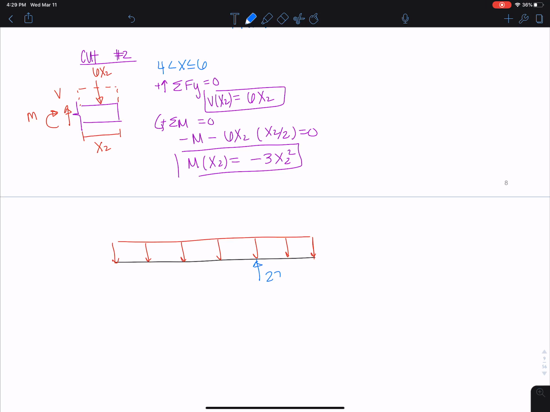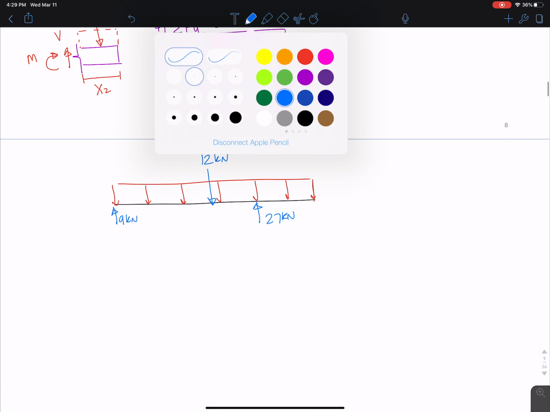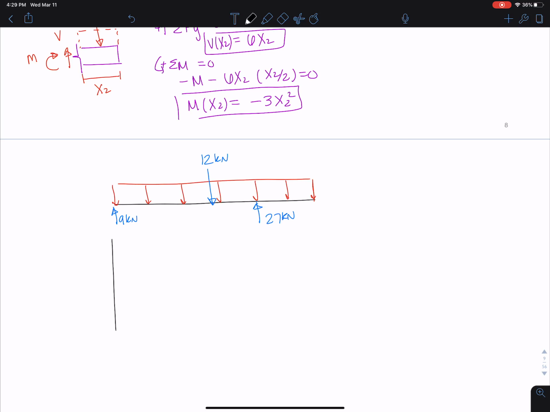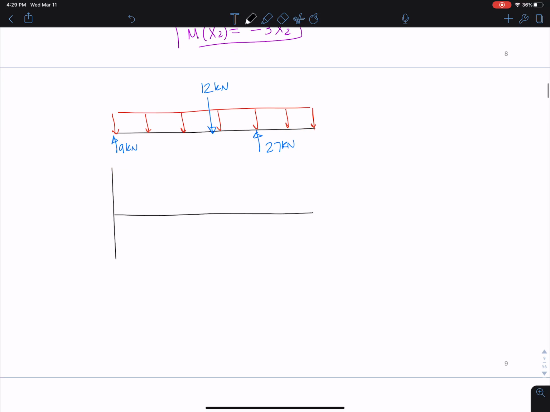We have 27 and we have 9, and this here is a 12, right? Because this was 6 originally. Okay, and now let's draw our axes for shear and moment. Shear is in kilonewtons, moment is in kilonewton meters.